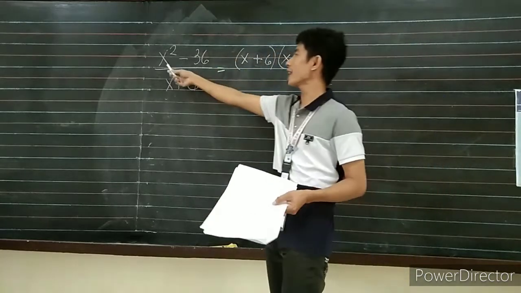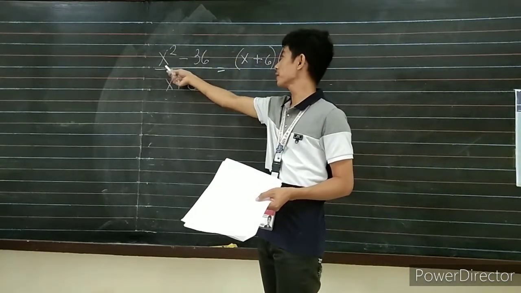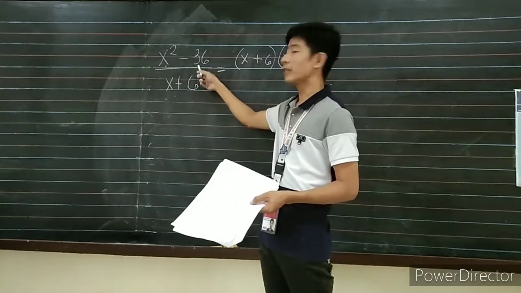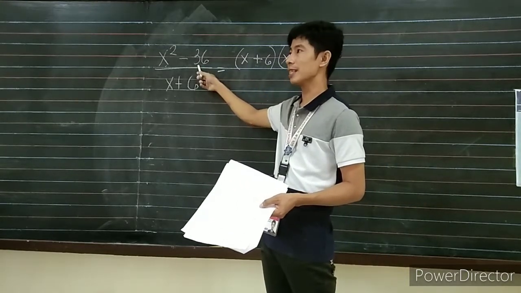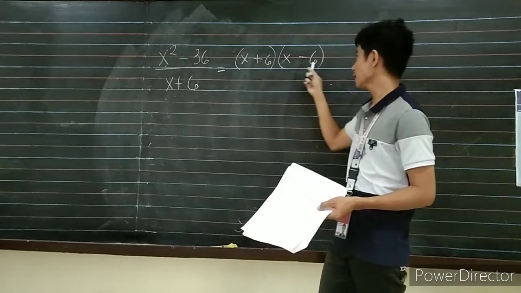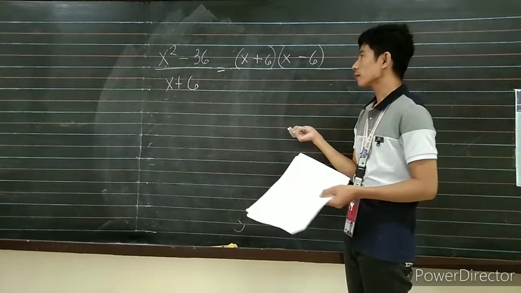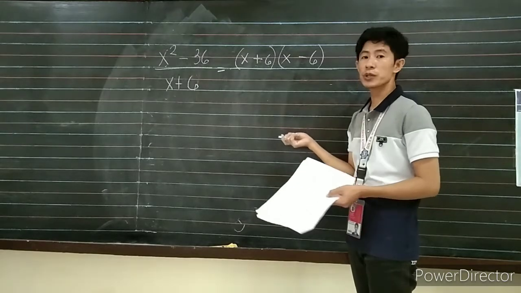We find the square root of the first term, x, and put it here, and then the square root of the second term, the square root of 36 is 6, and put it here. So that is factoring the difference of two squares.